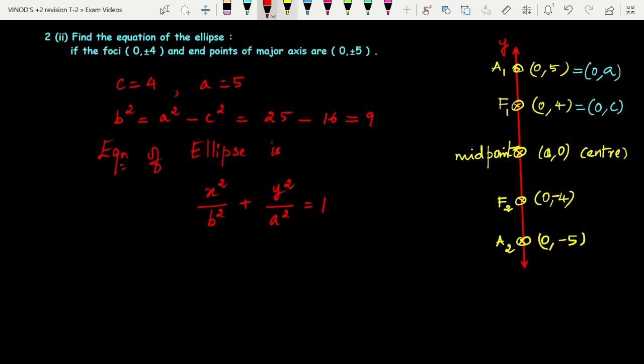Now substituting a square as 25 and b square as 9, x square by 9 plus y square by 25 is equal to 1 is the equation of the required ellipse.